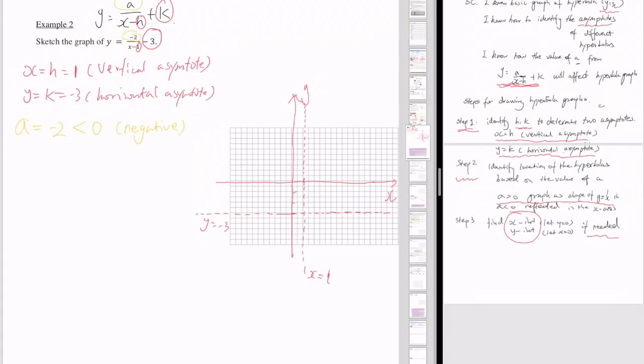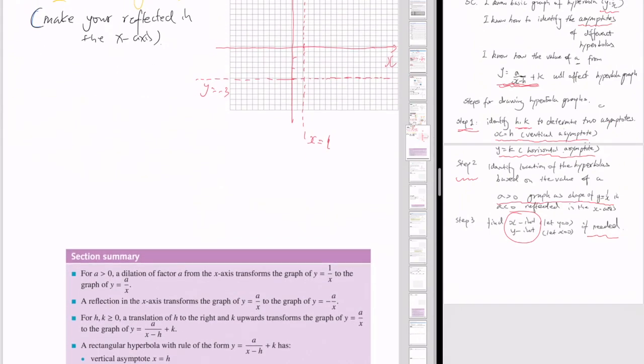is the one that affects the shape and the location of your graph. It will make your graph reflected in the x-axis. Okay, what does it mean? Let me move this a little bit down.